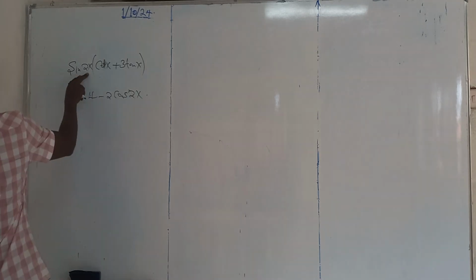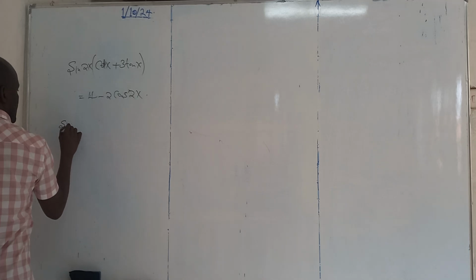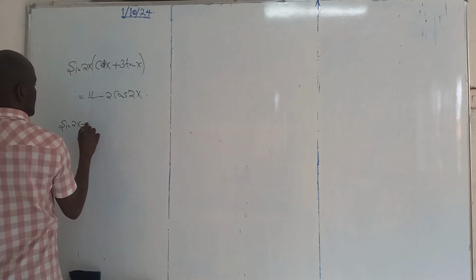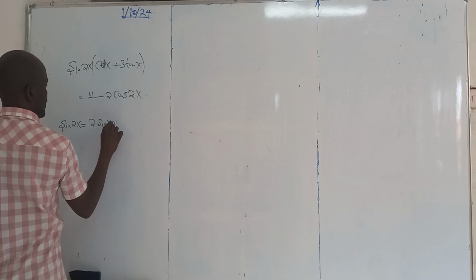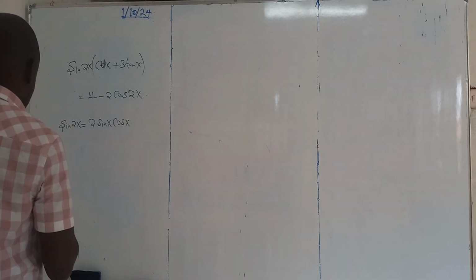I've already seen this. So I want to say that sine of 2x should be given by 2 sine x cos x, like that.